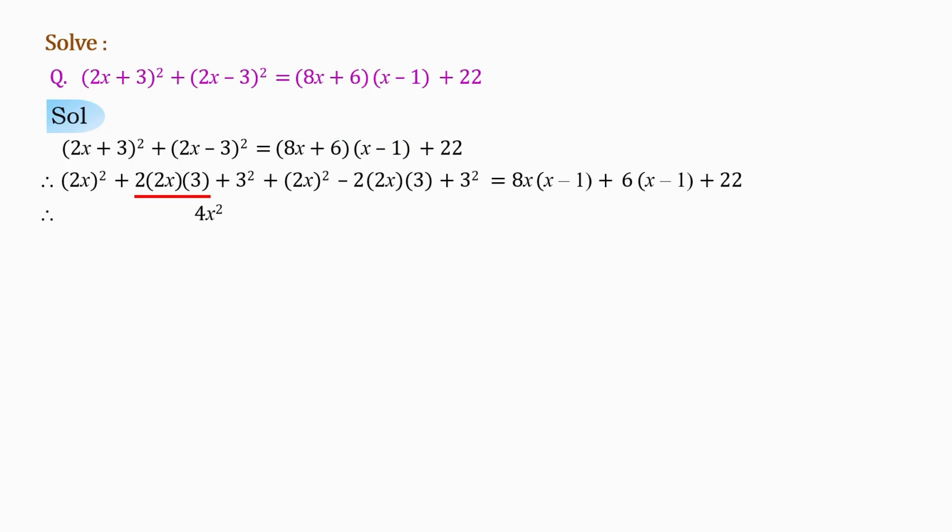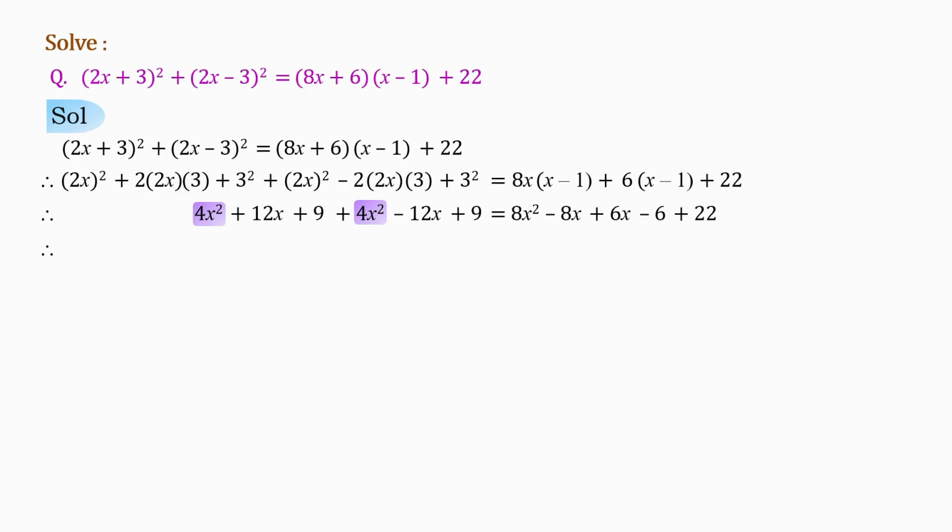Now we are going to simplify this. (2x) whole square means 4x square. 2 into 2x into 3 is 12x. 3 square is 9. Again (2x) square is 4x square. 2 into 2x into 3 is minus 12x plus 9. Now this is going to be 8x square minus 8x plus 6x minus 6 plus 22.